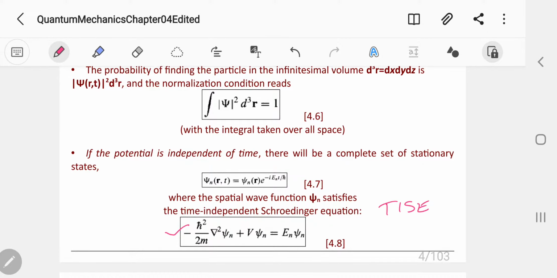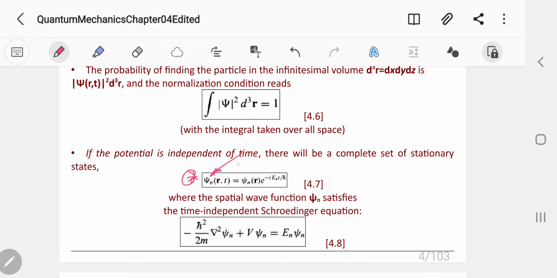This is just the same as the one-dimensional Schrödinger equation, but you just have your p replaced with this one here. That's just the replacement of p squared. Your complete set of stationary states would be written in this form.